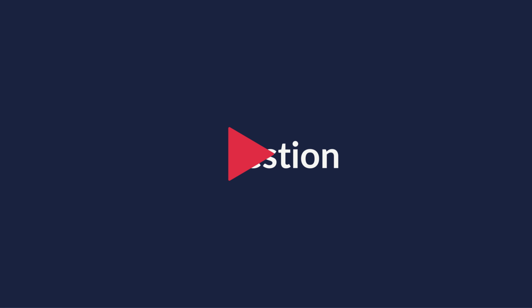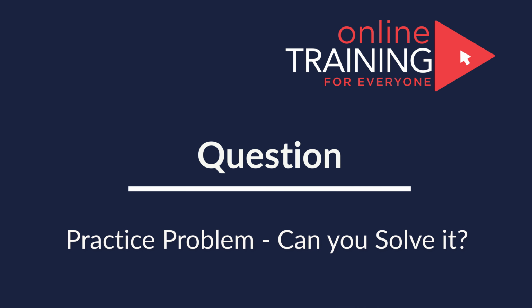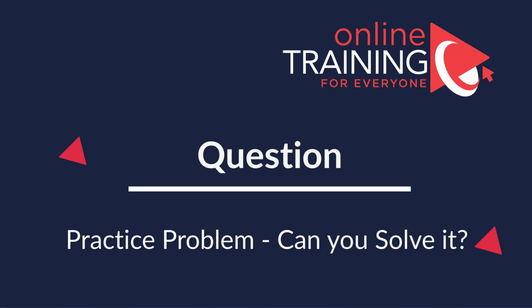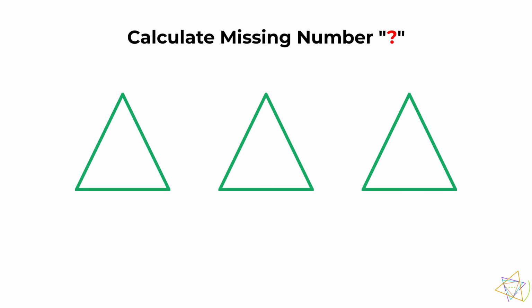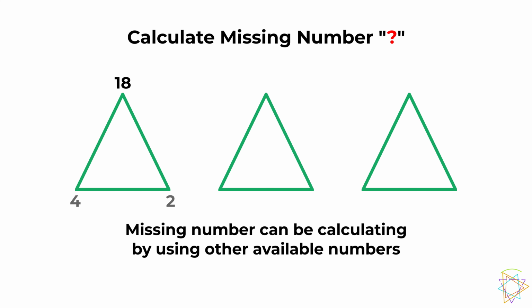Here's the question for you to practice. You need to calculate the missing number, and you're presented with 3 triangles. Each triangle has numbers in the corners as well as in the middle. First triangle has number 18 on the top, numbers 4 and 2 at the bottom, and number 3 in the middle.